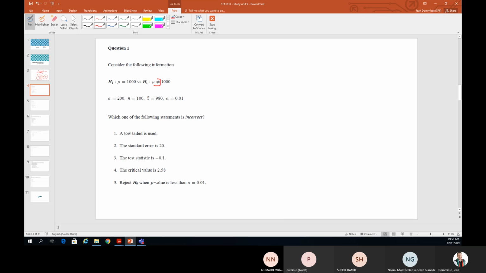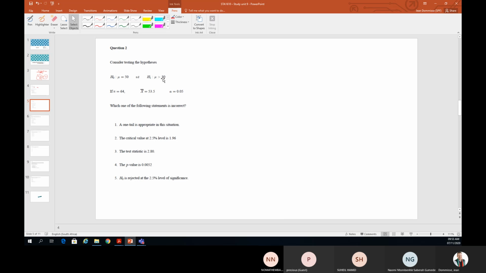Okay, so not equal, two-tail. Okay, so in this instance it will be a two-tail. Then we look at the next one, bigger than, so it's one tail.